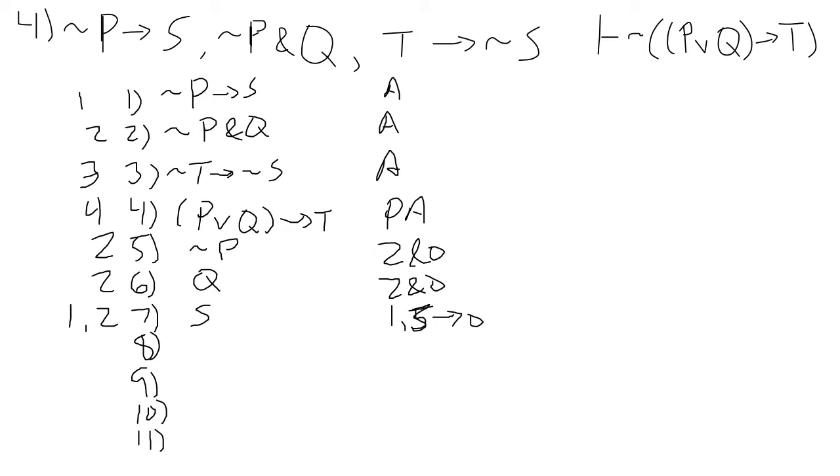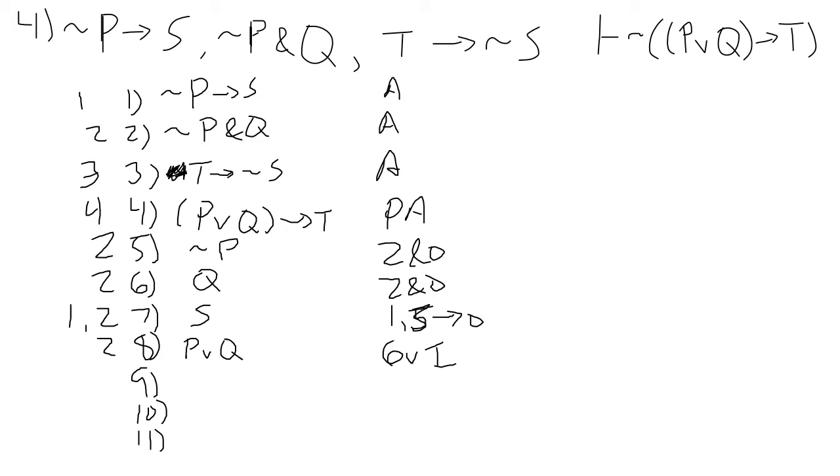Now, what else can we do? Well, we can wedge in a P to our Q, so that would be 6, wedge in. And we can do that to toss it into our conditional statement in 4. I do need to get rid of it. There's not supposed to be a tilde there. Sorry about that.